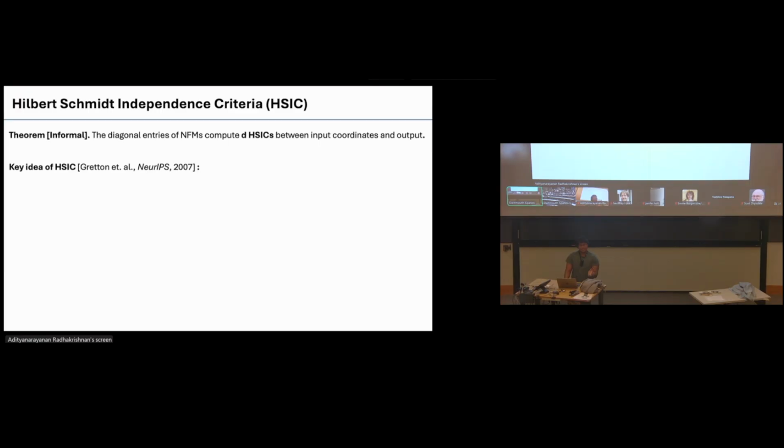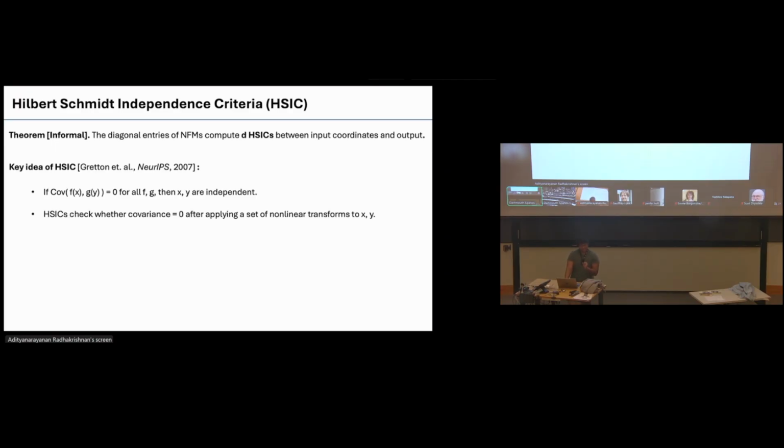So what is the key idea behind an HSIC? Many of you will probably remember that if I want to test for independence between two variables, I can compute correlation. It's not necessarily true that if correlation is 0, the variables are independent. There's good examples of this. But it is true that if the covariance of any transformation of two variables is 0, then they are independent.